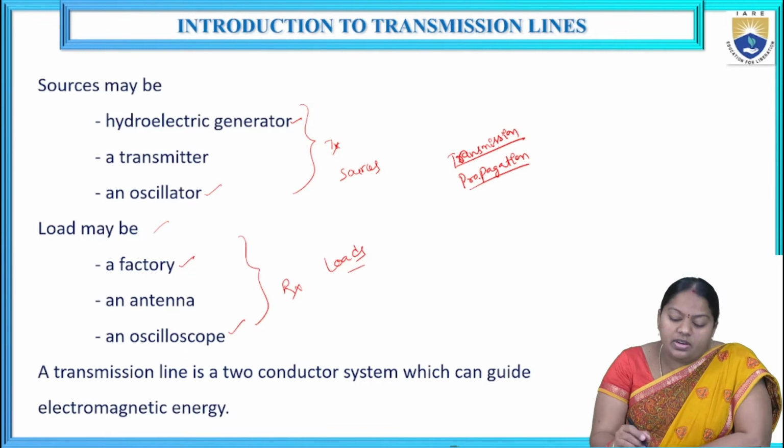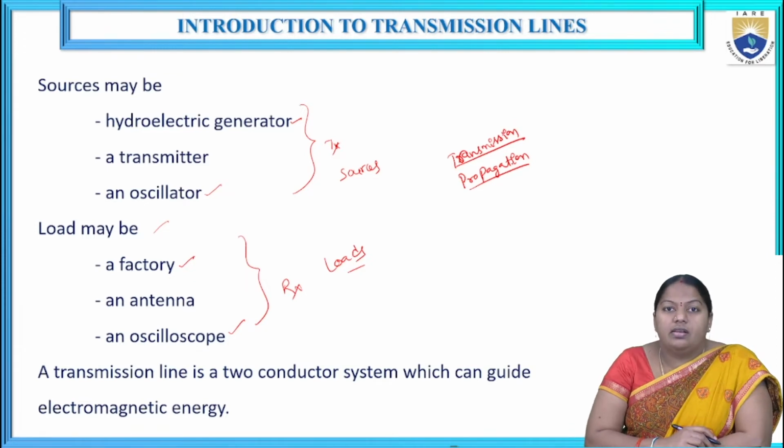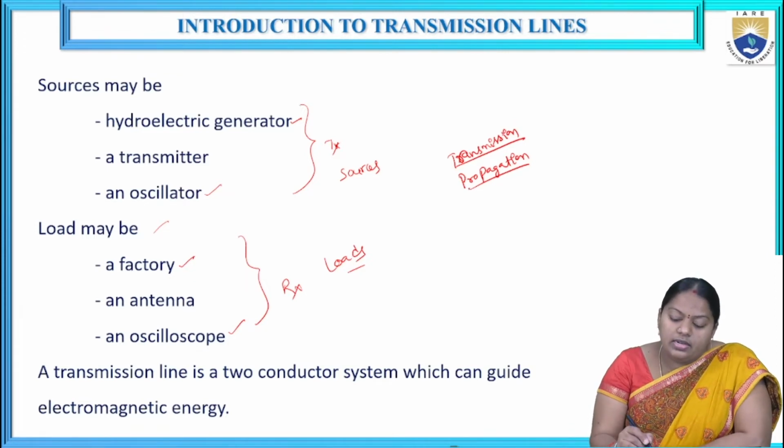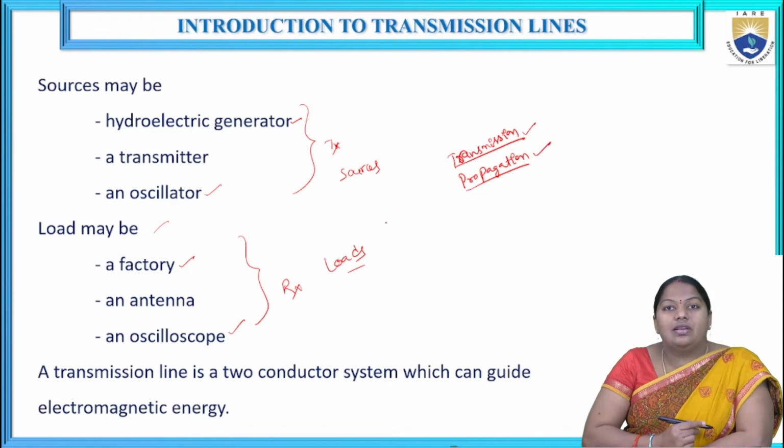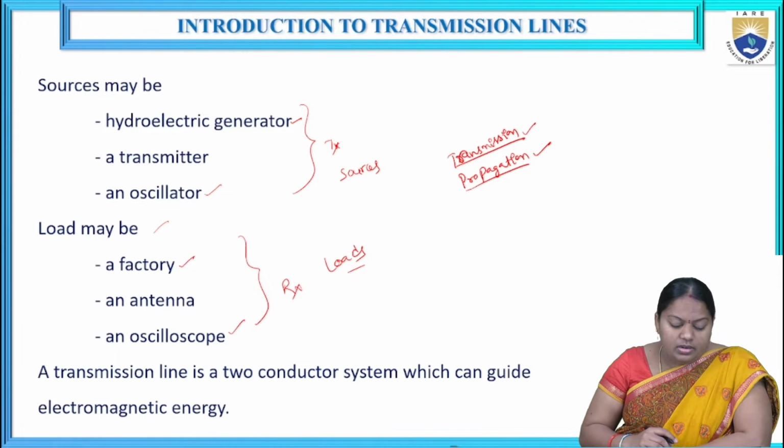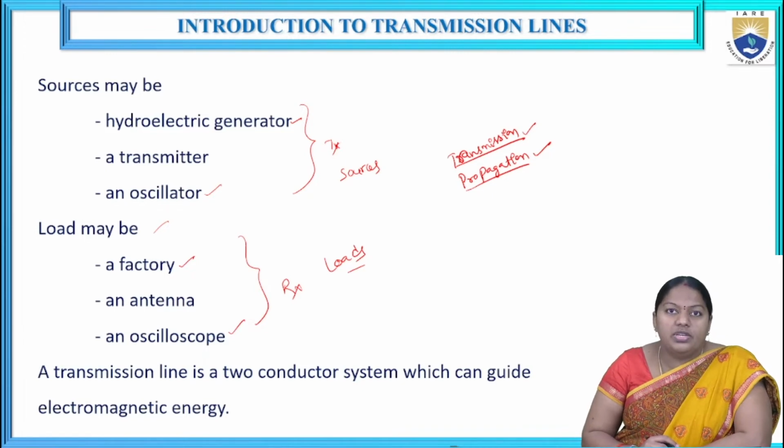Transmission requires a physical connection from the source to the load, whereas propagation doesn't require any physical connection. Means sending the information without applying any physical connection, that process is said to be propagation. With the help of a physical connection, it is said to be transmission. Right? So here we are now discussing transmission lines.